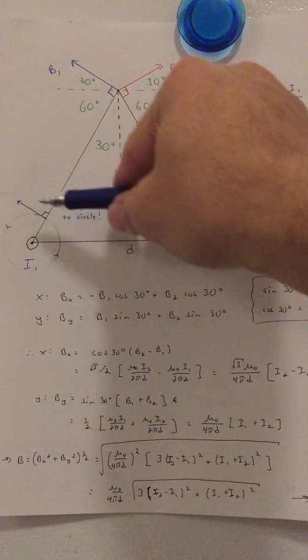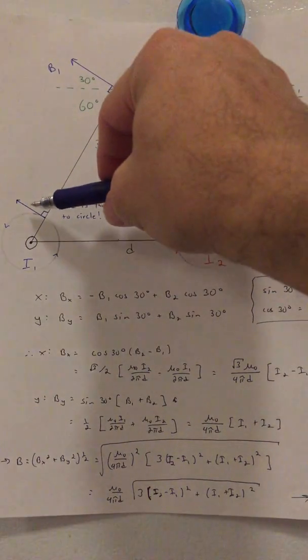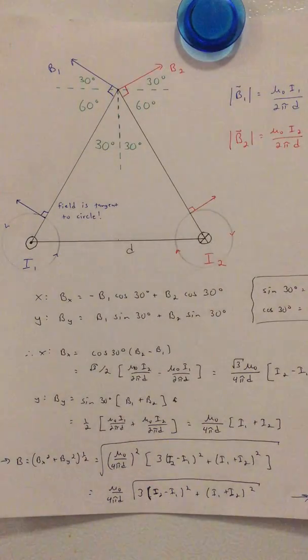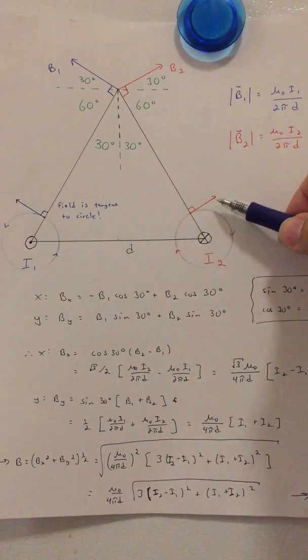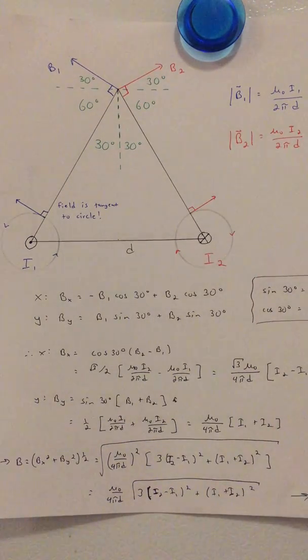Because this field is tangent at that point, the field and this side of the triangle have to be perpendicular, just because radii are perpendicular to tangent lines through which they pass. Same thing over here. So it's got to be perpendicular to the side of the triangle.